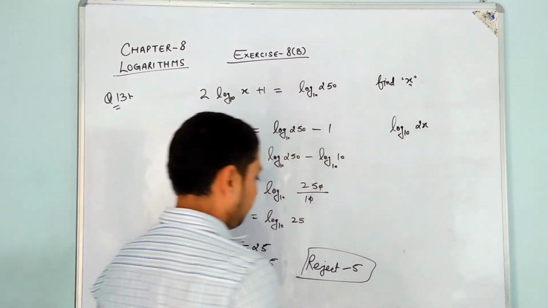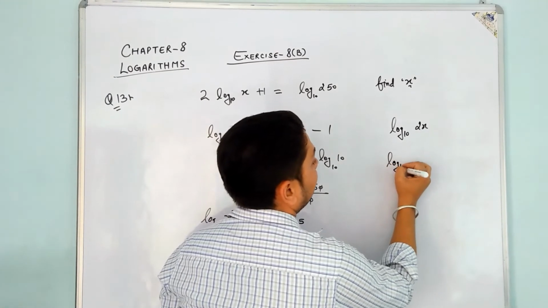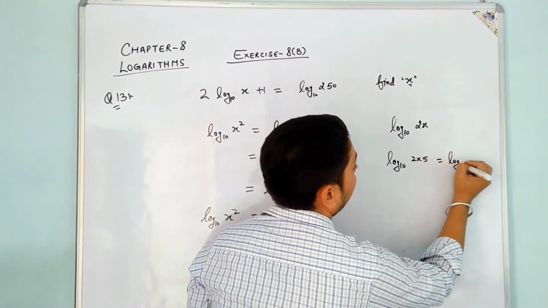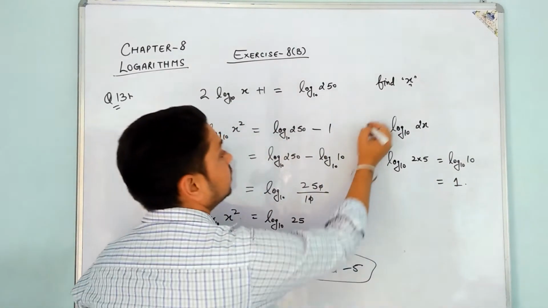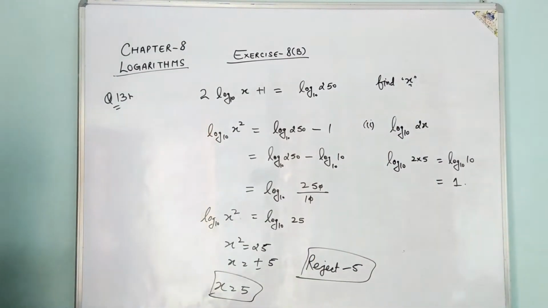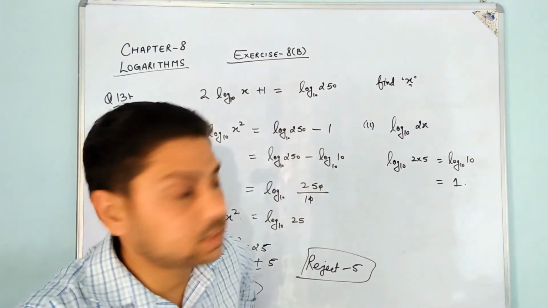What is x? Log of 2 multiplied by 5, this is equal to log of 10, which is equal to 1. So the second part was to calculate log of 2x with base 10.